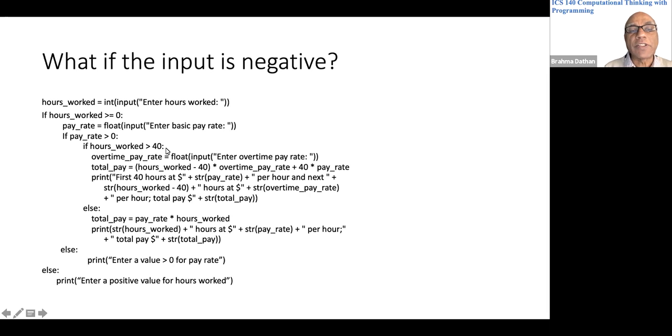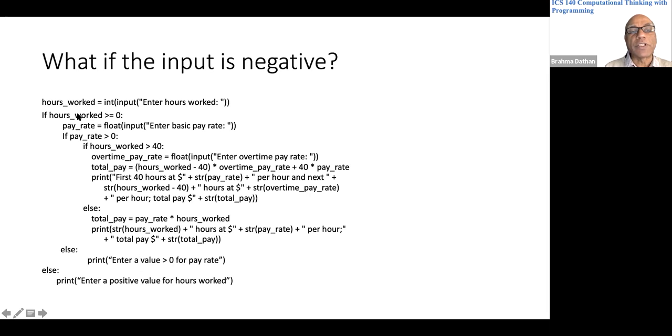If the hours worked is more than 40, you do all this. If not, you compute the pay for the regular, using the regular salary rate, pay rate. If pay rate is 0 or less, you display an error message.